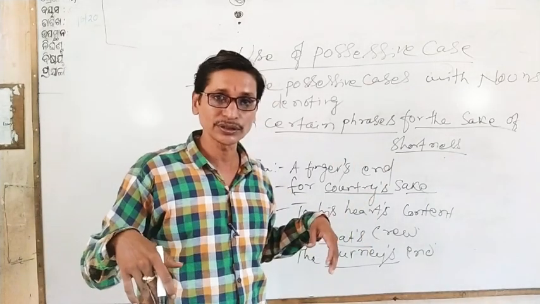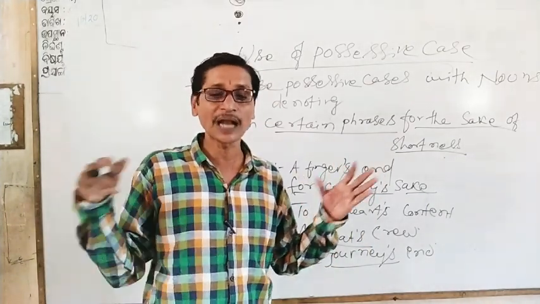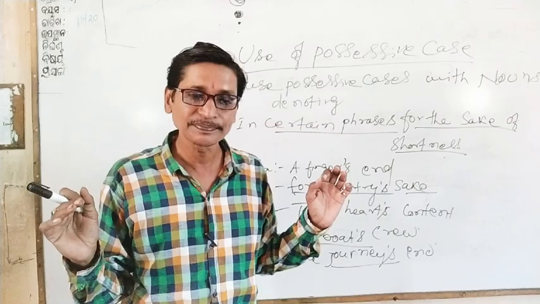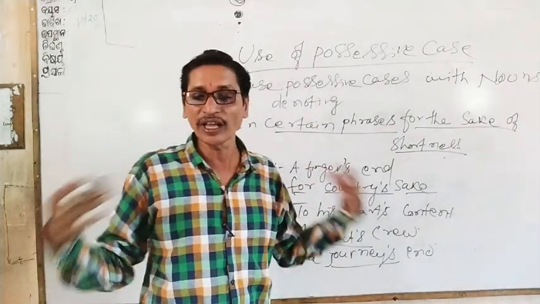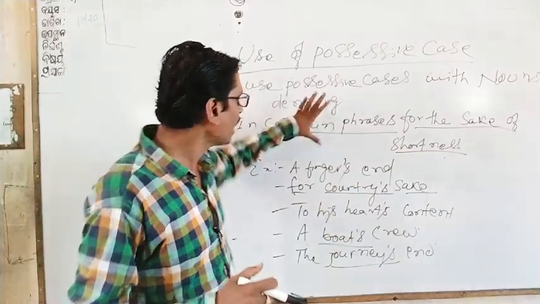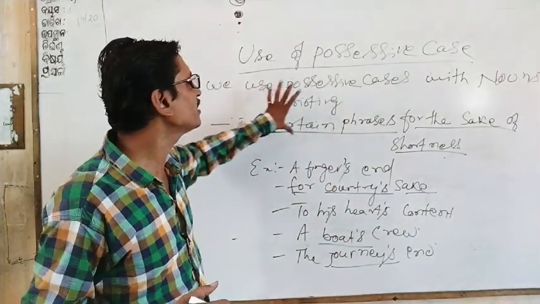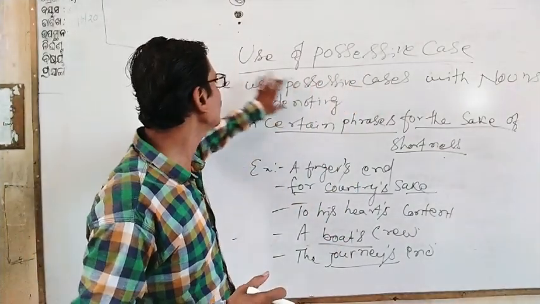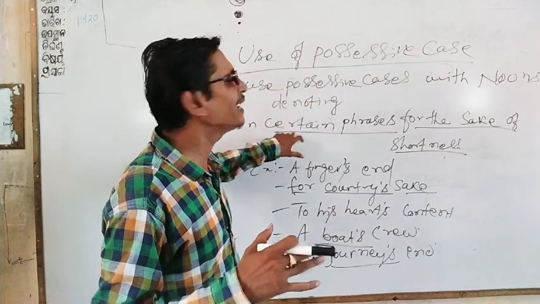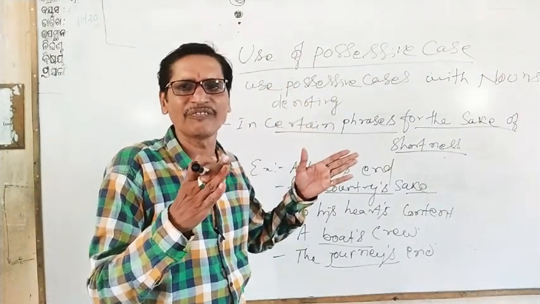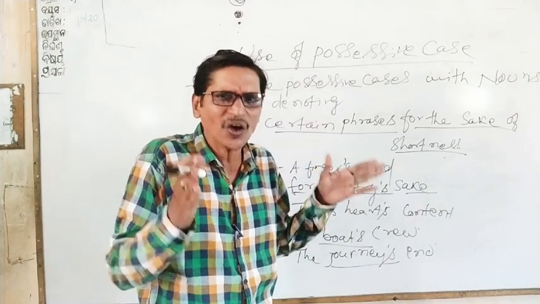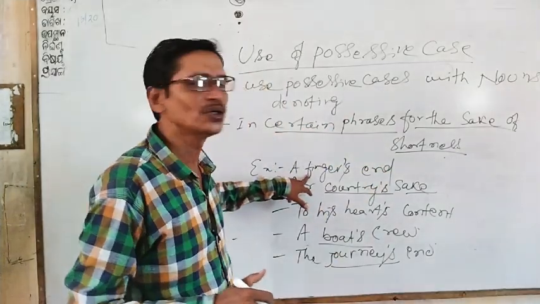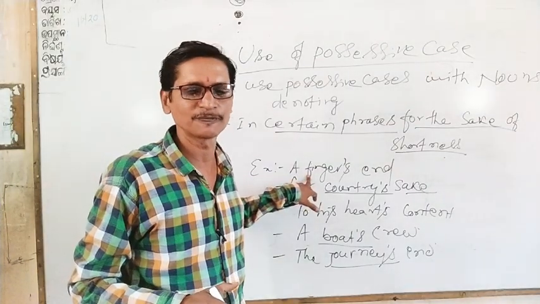We also understood we use the possessive case of nouns when they are talking about time, space, weight, and value. Similarly, we also discussed that when we want to make a phrase shorter, in that case also we use the possessive case of the noun.